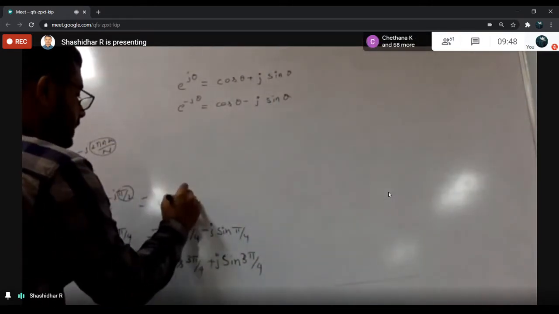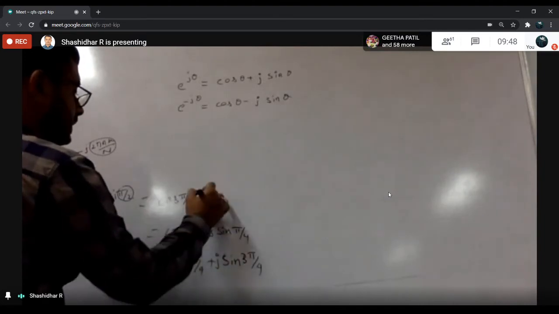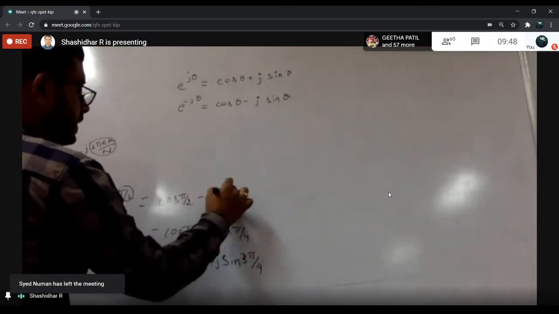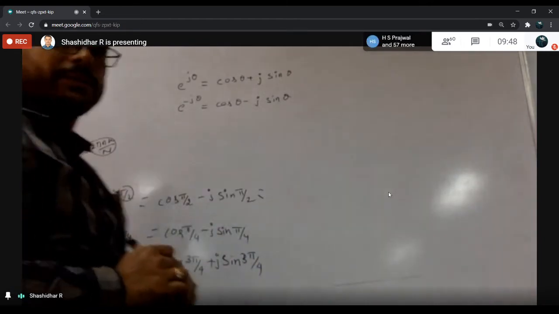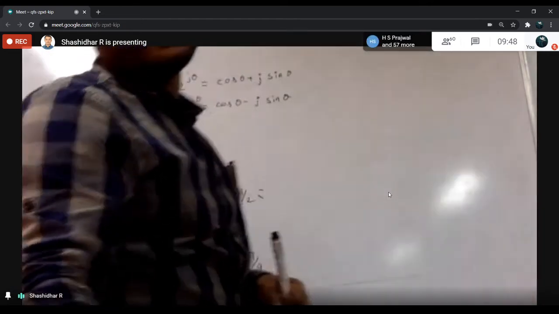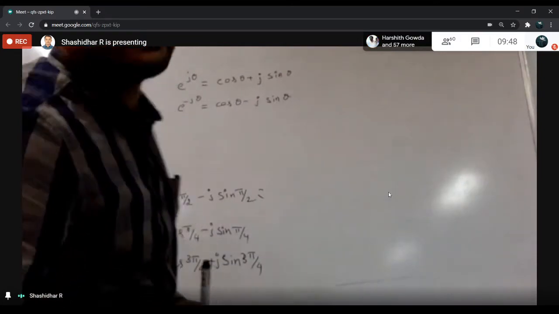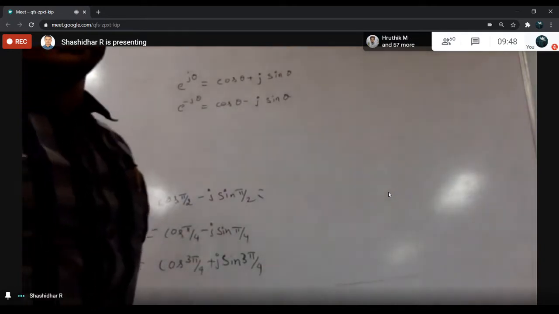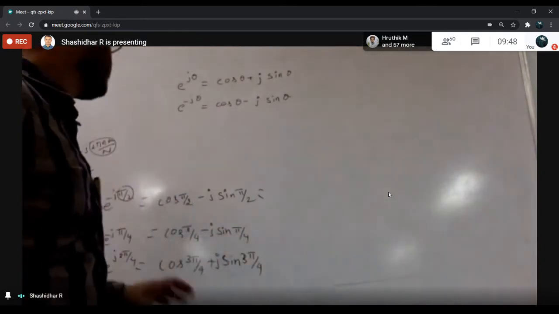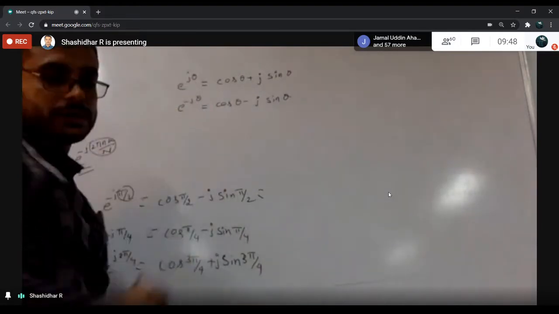Here cos pi by 2 minus j sin pi by 2. What is sin pi by 2? Pi by 2 means 180 degrees divided by 2, so cos 90. What is the value of cos 90 minus j sin 90? These are the basic equations, these two.